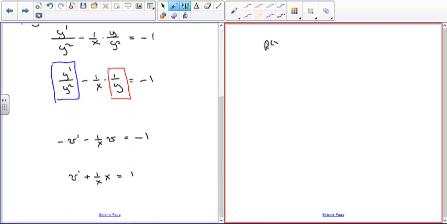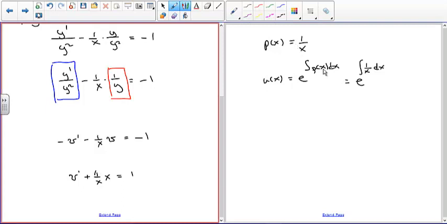P of x in this case is 1 over x. The integrating factor is e to the integral of p of x dx. So you get e to the integral of 1 over x dx. I just plug in p of x.